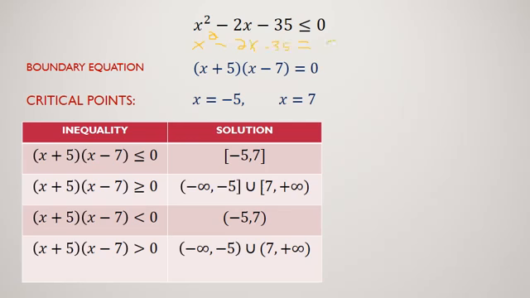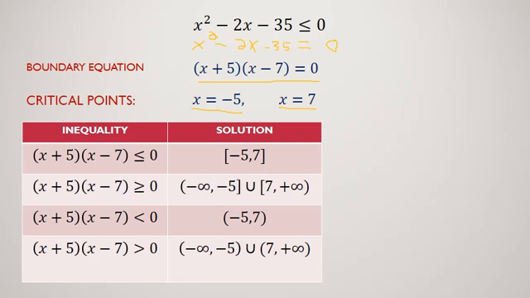So, that's the boundary equation, and then, in factored form, ganun. x plus 5, x minus 7 equals 0. Tapos, ang solution dito, x equals negative 5 and x equals 7. So, ito yung magiging basehan ng solution ng quadratic inequality.